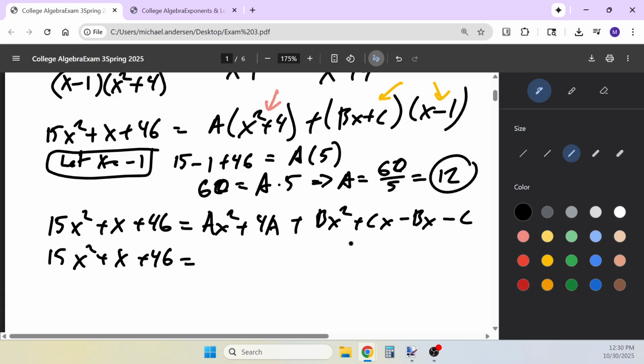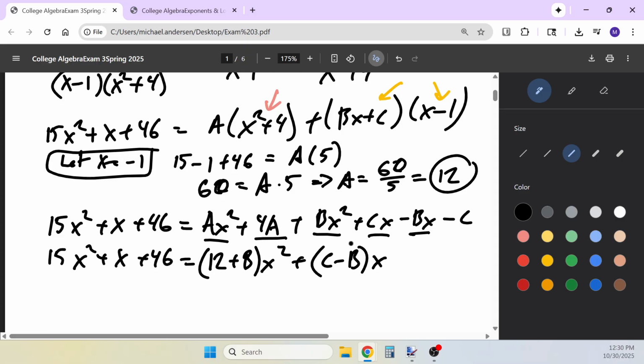So we get 12 x squared plus b x squared. Factor out x, and we get minus c.